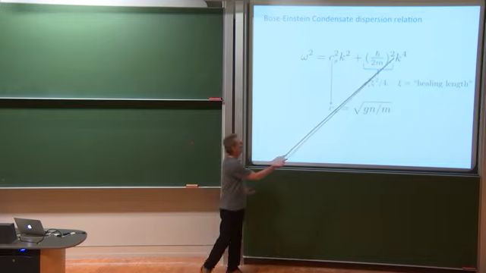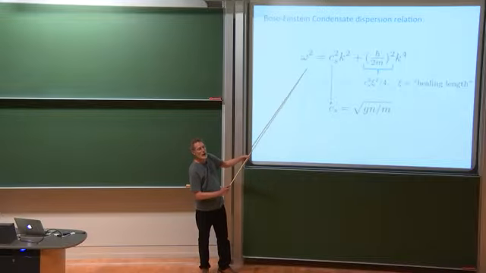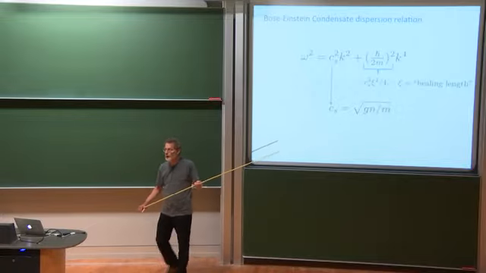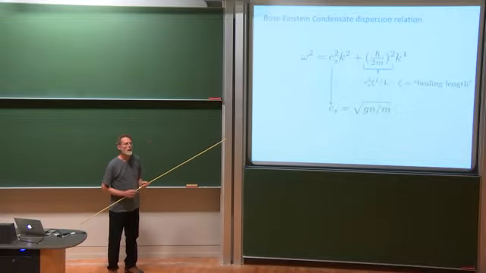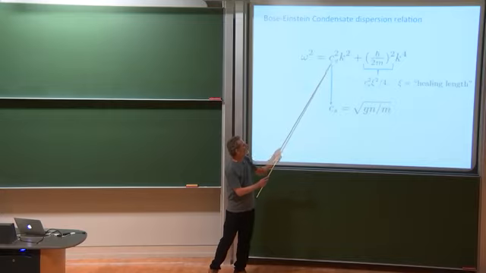So in general, the speed of sound in it will be position dependent because the density is. And if you multiply both sides by h bar squared, you just get the energy squared here, and you recognize this is just the non-relativistic kinetic energy of an atom. So the dispersion relation interpolates between sound and just atoms ballistically moving with a non-relativistic energy.